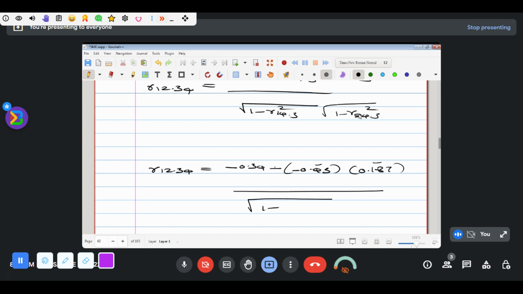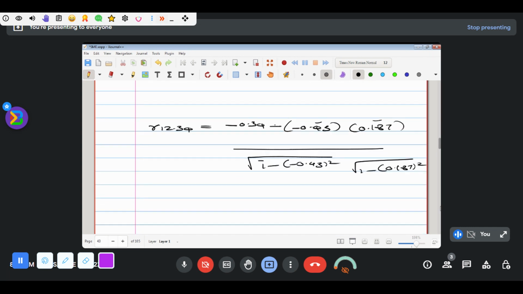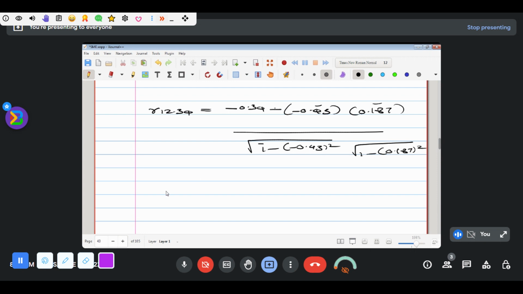Therefore minus of minus 0.43 whole square into root of 1 minus 0.187 the whole square. Just apply in calculator and simplify.